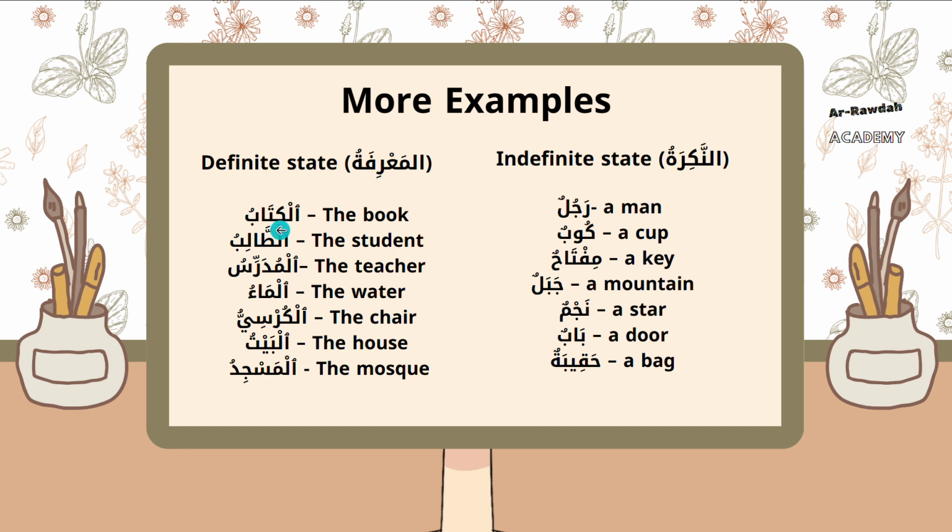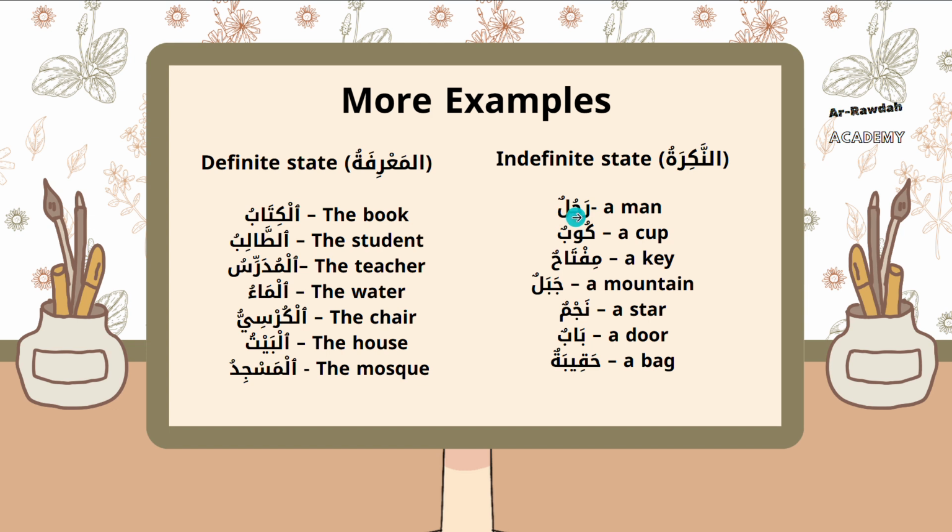So we have al-kitabu, the book, at-talibu, the student, al-mudarrisu, the teacher, al-ma'u, the water, al-kursiyu, the chair, al-baytu, the house, al-masjidu, the mosque.